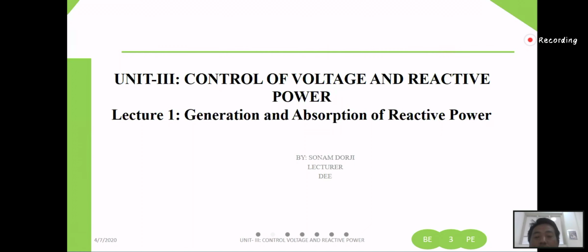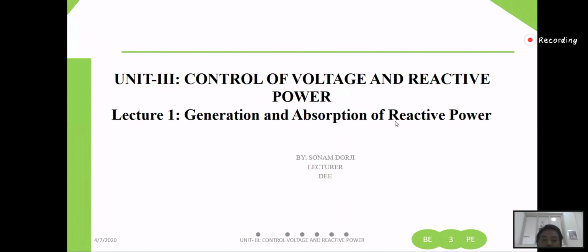But in power system operation and control, you will learn how to apply these SVC devices to control the voltage and reactive power. We will not learn the characteristics, so you have to be mindful about this.